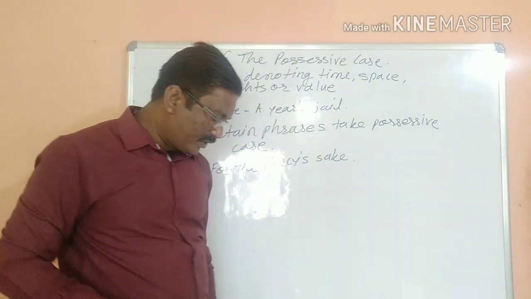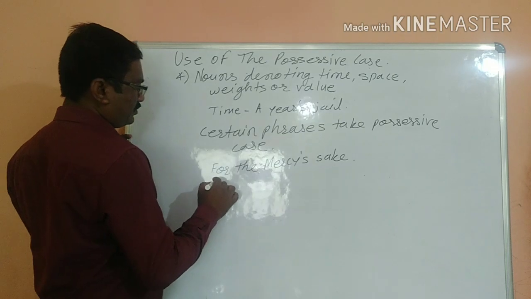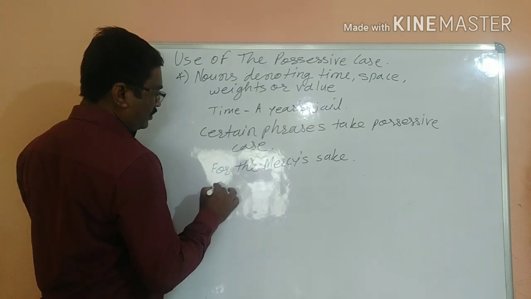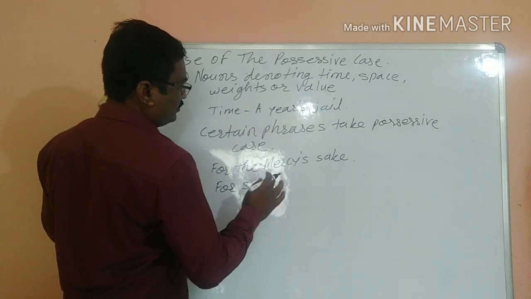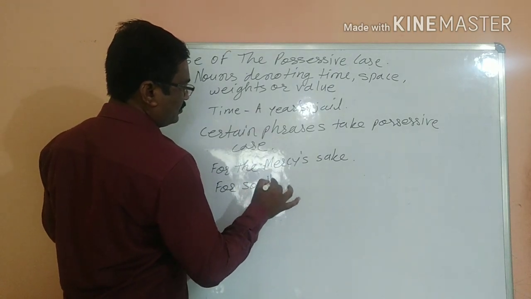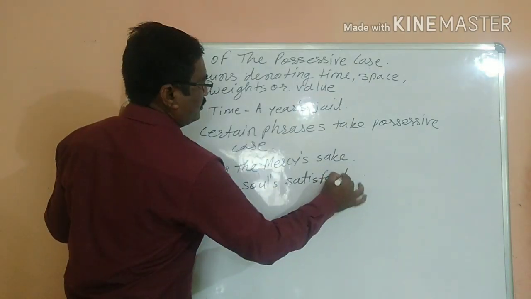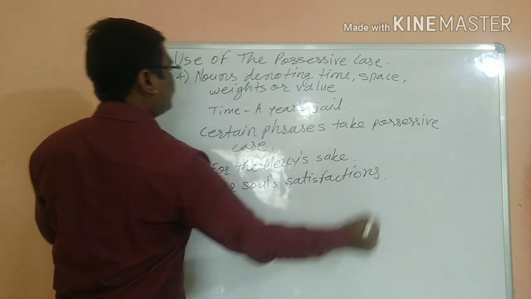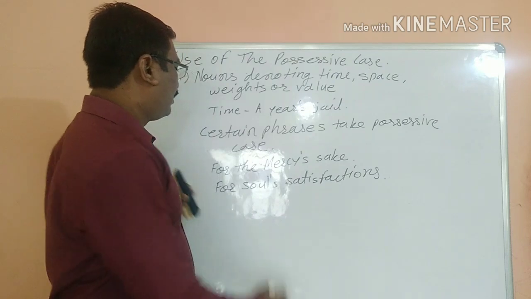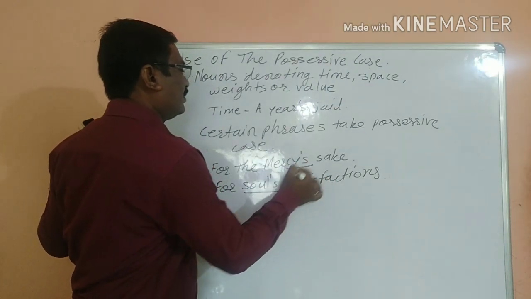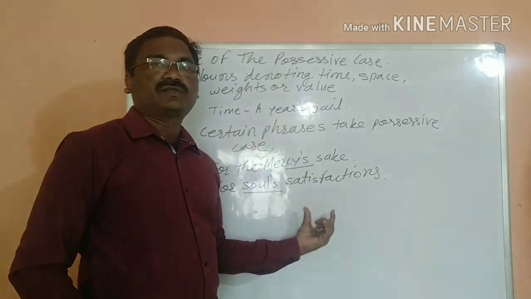We can say for the mercy's sake, or for soul's satisfaction. For soul's satisfaction. Such phrases, when we want to use them, can be used with apostrophe s, or they take the possessive case of the noun.